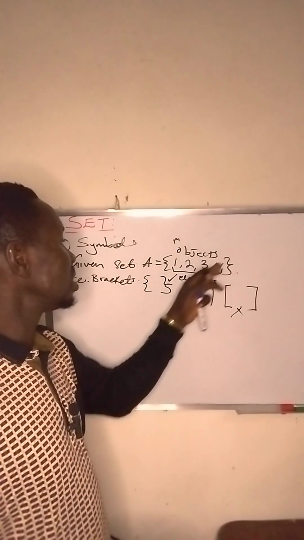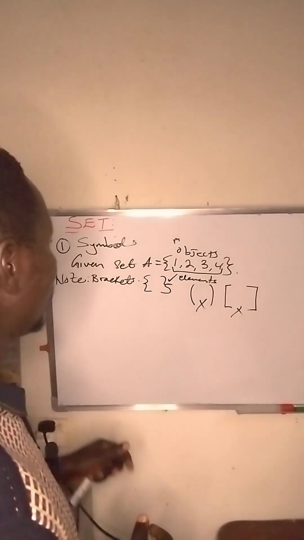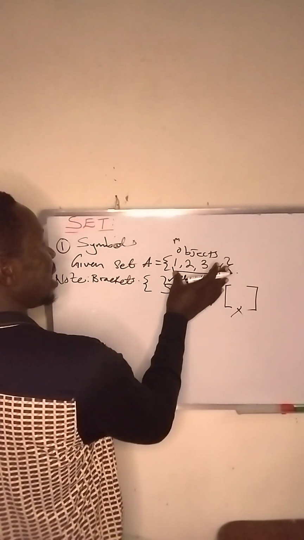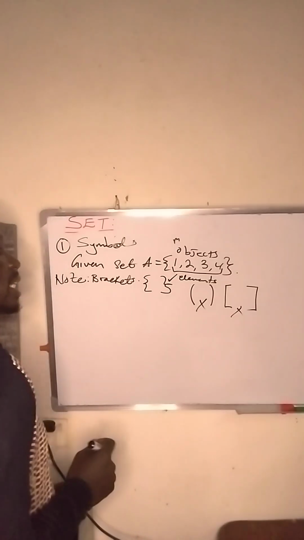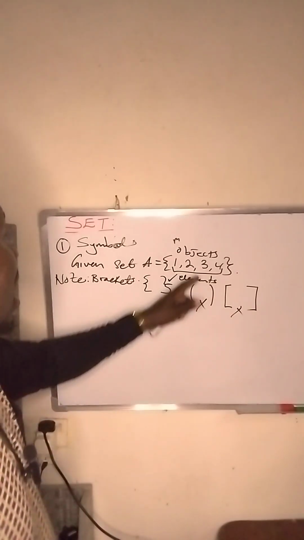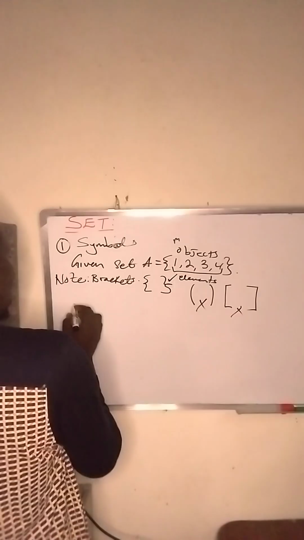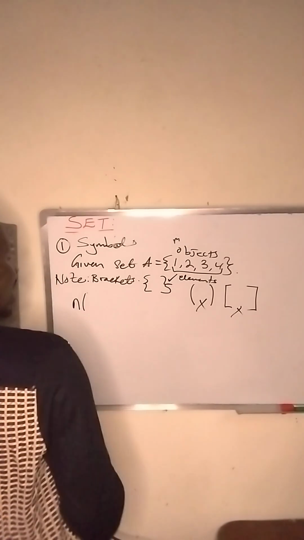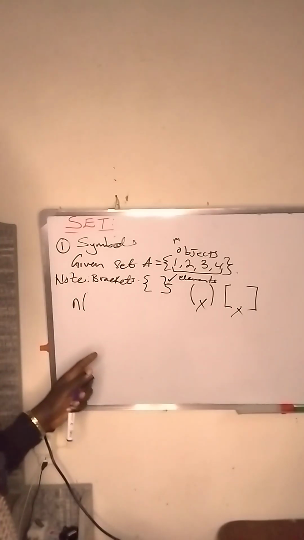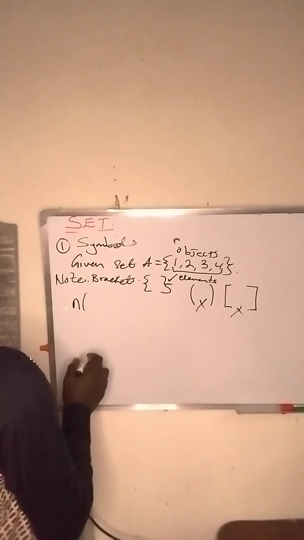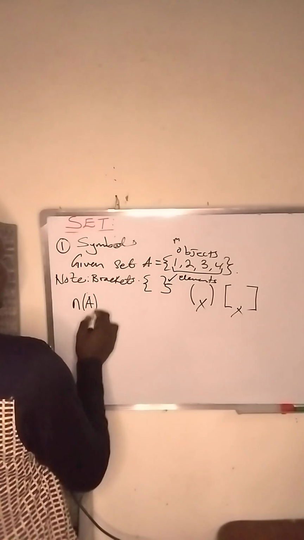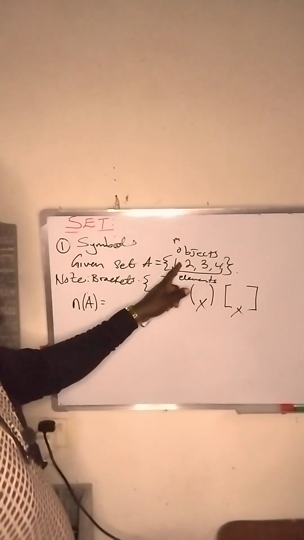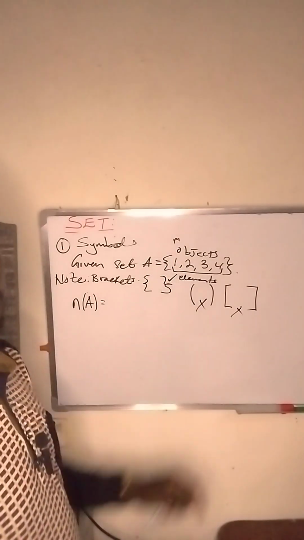When we are counting these elements, we count them and say how many members, how many elements are in set A all together. When representing this, we use n, then we open the brackets. This is what we use when stating the number of members in set A. You count the members inside here: 1, 2, 3, 4, all together.